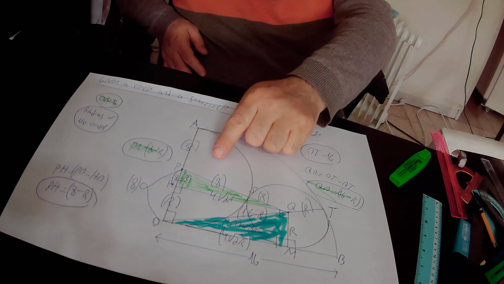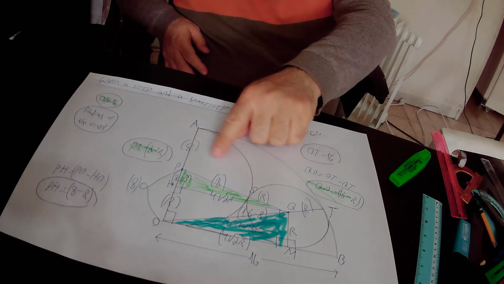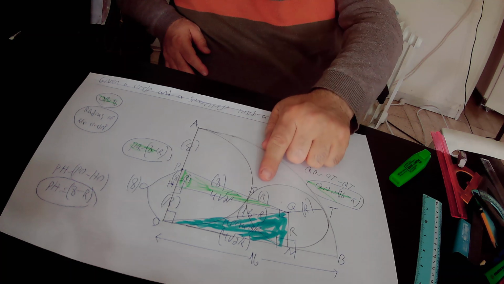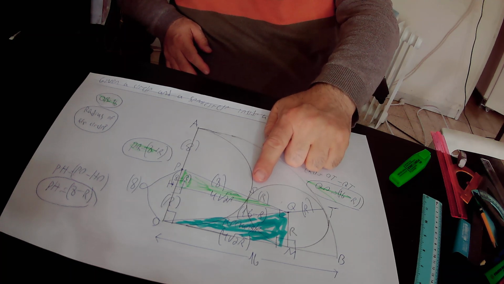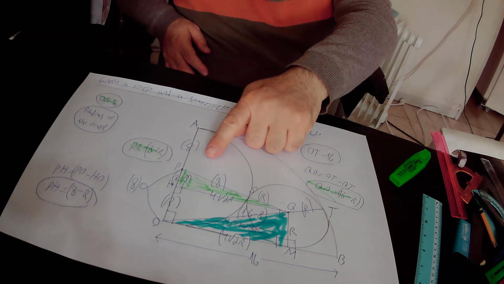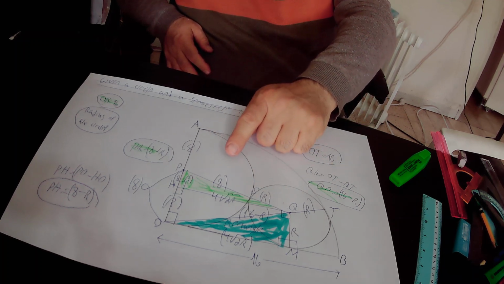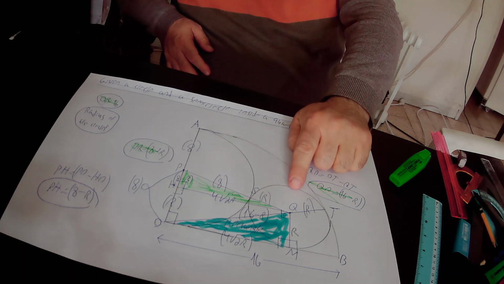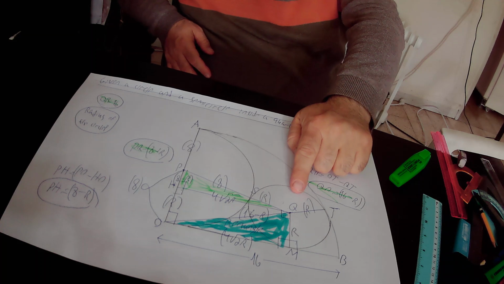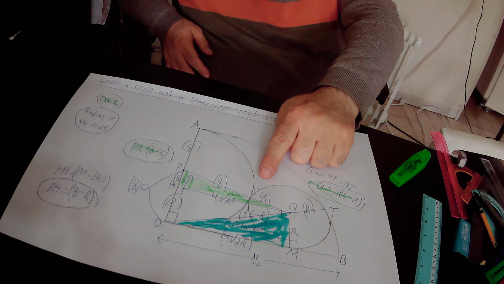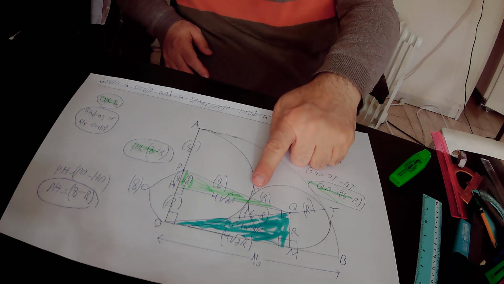So what is the definition of line segment PS? Line segment PS starts from the center of the semicircle, that is point P, and ends at point S, that is the point on the semicircle itself. This is exactly the definition of a radius. Therefore, PS is the radius of the semicircle, that is equal to 8. What is the definition of line segment QS? Line segment QS starts from point Q, the center of this small circle, and ends at point S, the point on the small circle itself.